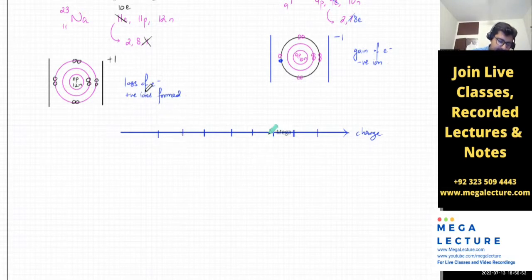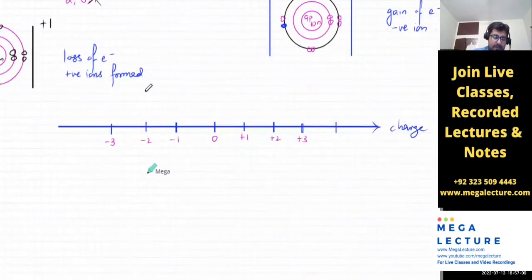Let's say 0 is in the middle. This is +1, +2, +3, this is -1, -2, -3.